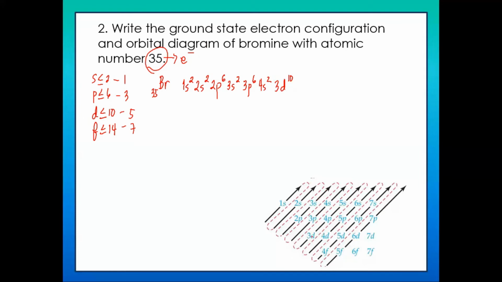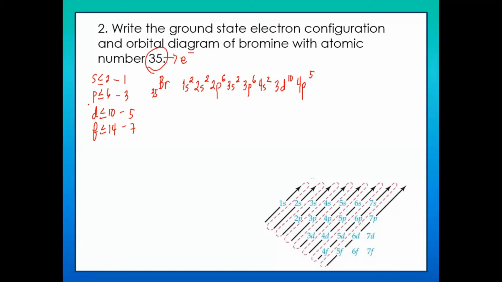After 3d, since only a few are lacking, we are at 30 now, only 5 left, next is 4p. The p subshell can have a maximum of 6 electrons. So, should we write 6? No, because that would make 36 once we add the exponents. So, we have to write 5.